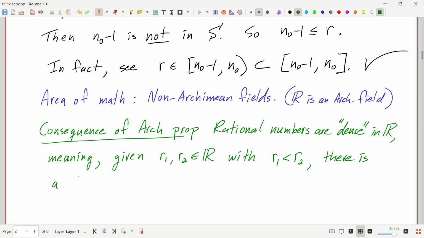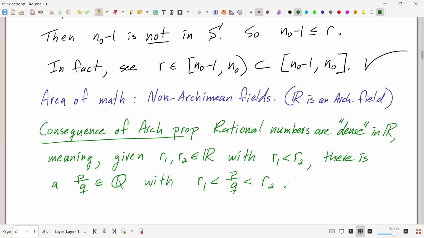To emphasize that it's rational, I'll write P over Q in Q, the rational numbers, that's between those two. So with R1 less than P over Q, less than R2. That's what it means to be dense.